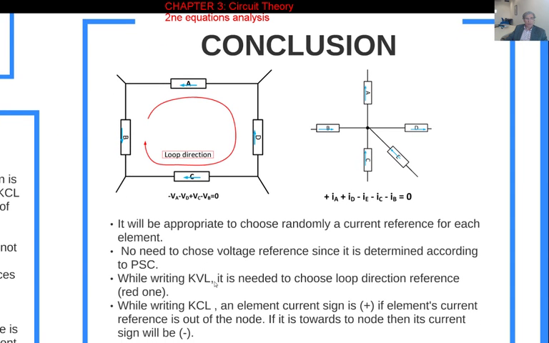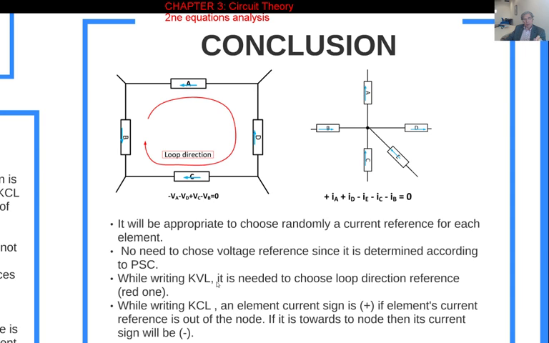While writing Kirchhoff voltage law, it is needed to choose a loop direction reference, the red one. We have to choose this, otherwise you cannot write it. While writing Kirchhoff current law, an element current, so we have to mention the rule that we just said.